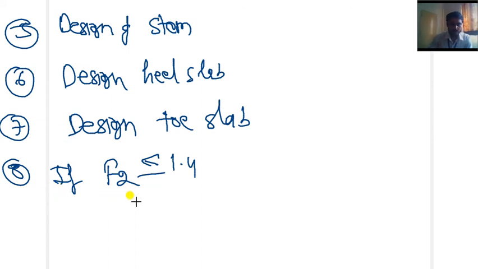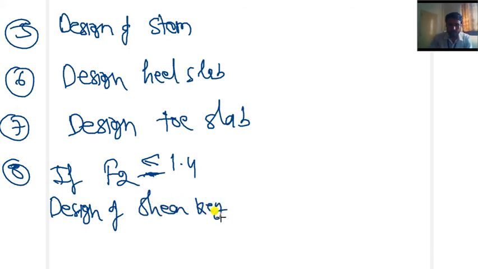So if F2 is less than 1.4, design of shear key will be required. So here we also design the shear key, and after designing all these elements, in the last step we will show the detailing of RCC by drawing.